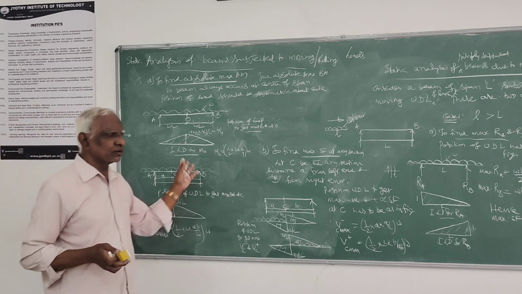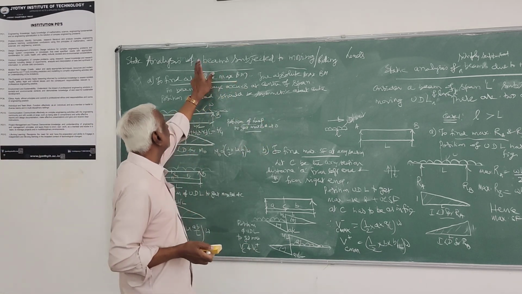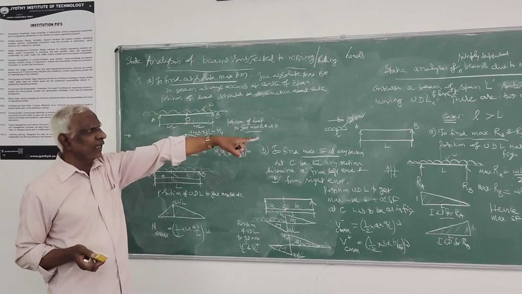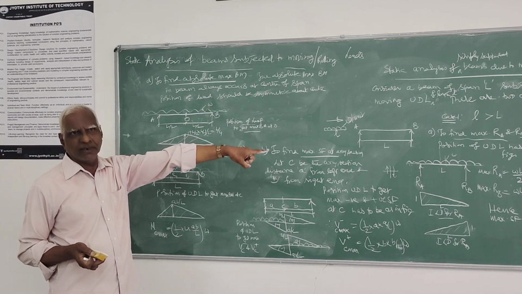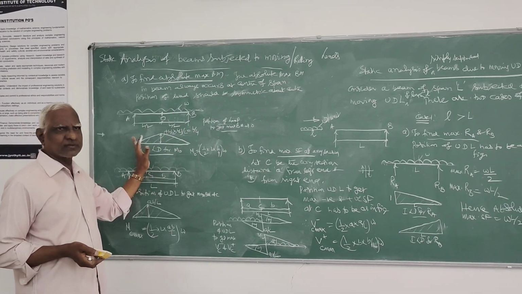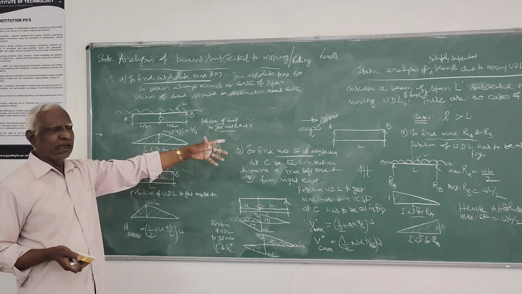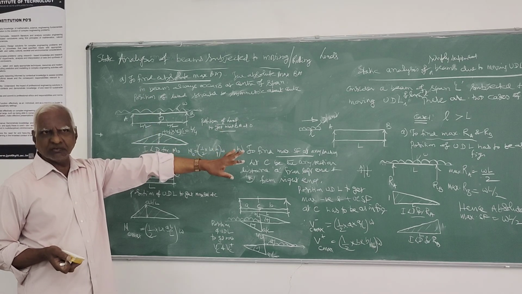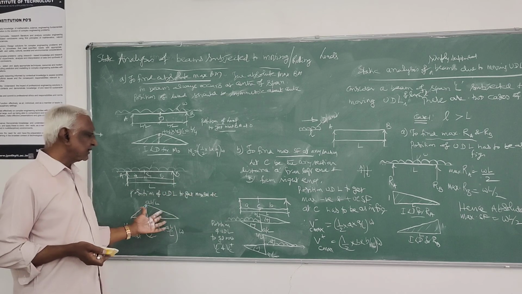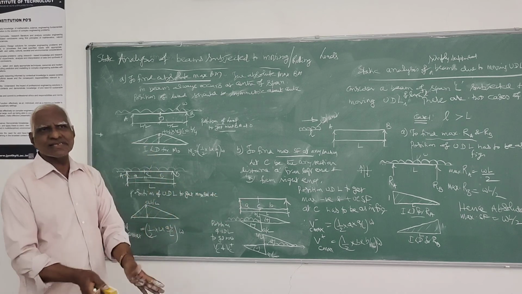So this is about the analysis of a beam subjected to UDL greater than span. There are various things: absolute maximum bending moment in the beam, absolute shear force in the beam, and maximum bending moment and shear force at any section.